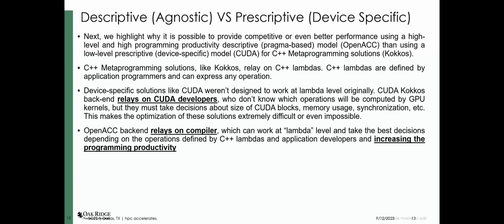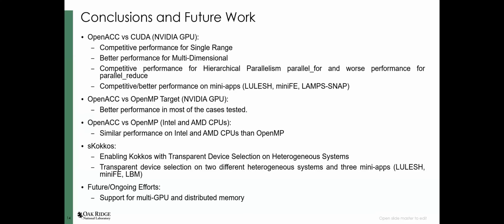I'm going to go to the next slide. Well, conclusions. OpenACC provides competitive or even better performance than the CUDA backend. In many cases, it's much better than the OpenMP target backend today.